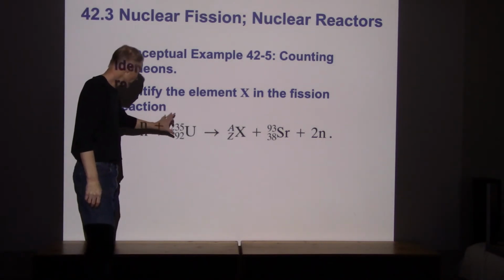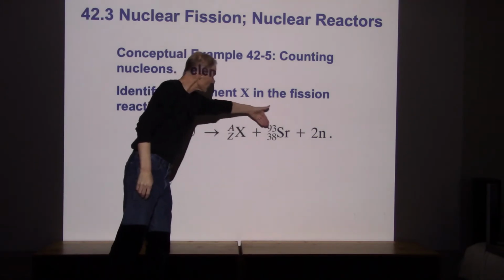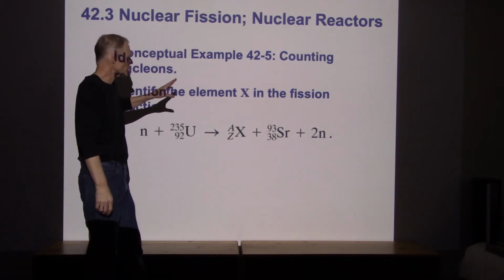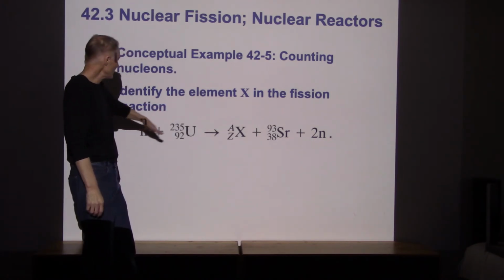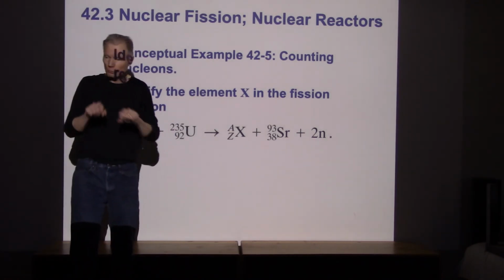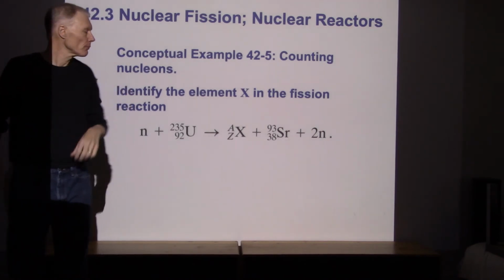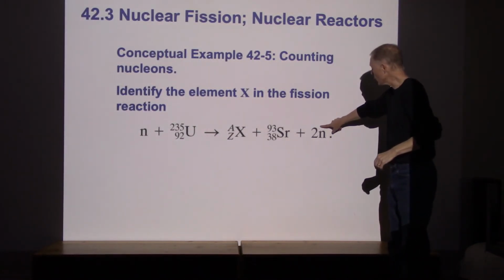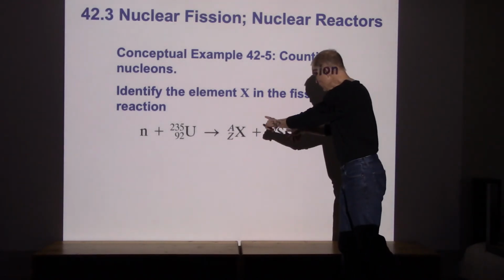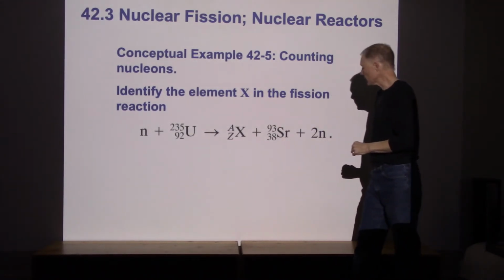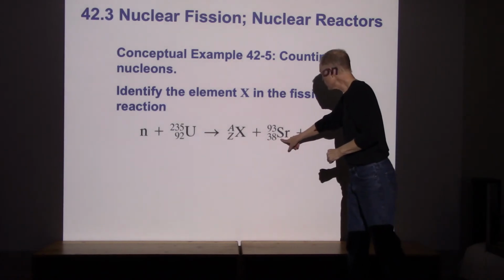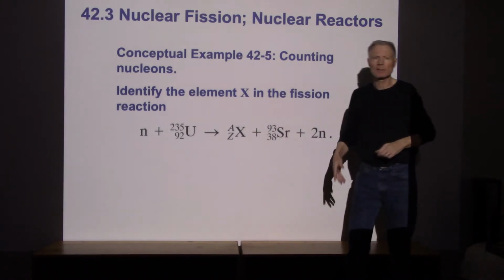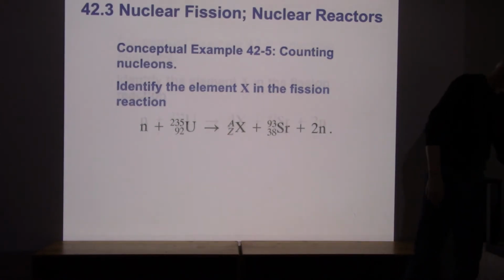And when it does, it breaks into two kind of large pieces. Now here they've actually turned this into a problem. They're saying in this particular fission reaction, where the nucleus splits into pieces, it releases two neutrons, and then it releases two different nuclei. One of those is strontium-93. They want you to figure out what the other one is, so let's go ahead and look at that.